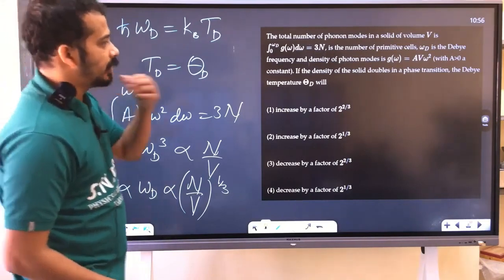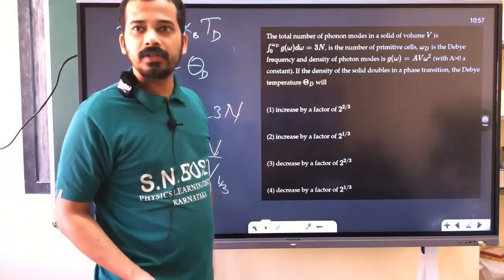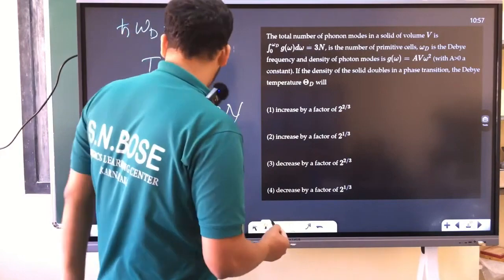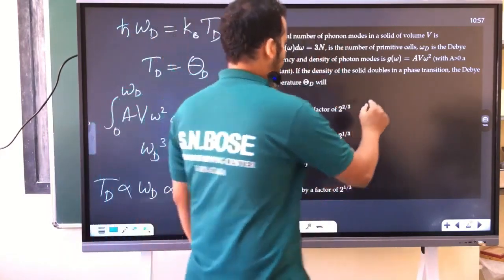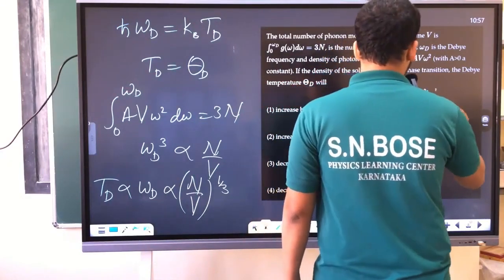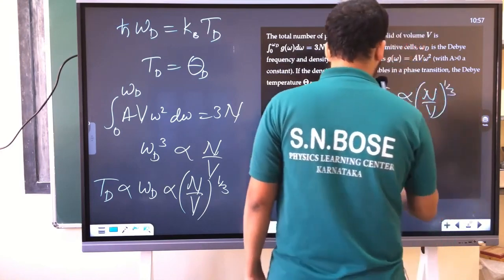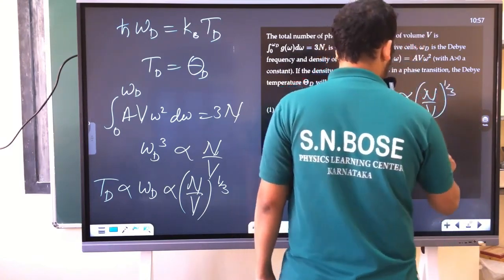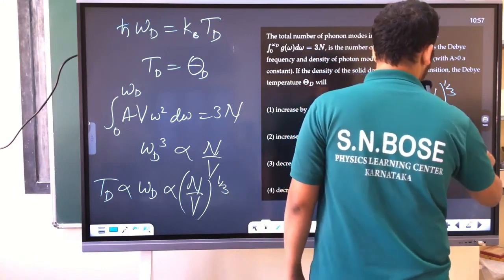Now, in some phase transition, the density of the solid is doubled. If density is doubled, I'll write Td1 proportional to n by v whole power 1 by 3, and Td2 proportional to density doubled, 2 n by v whole power 1 by 3.